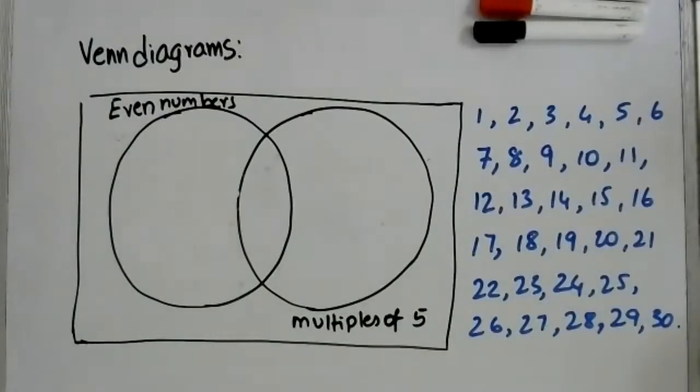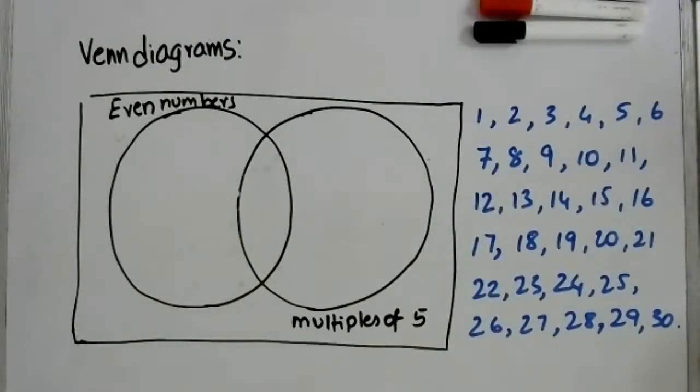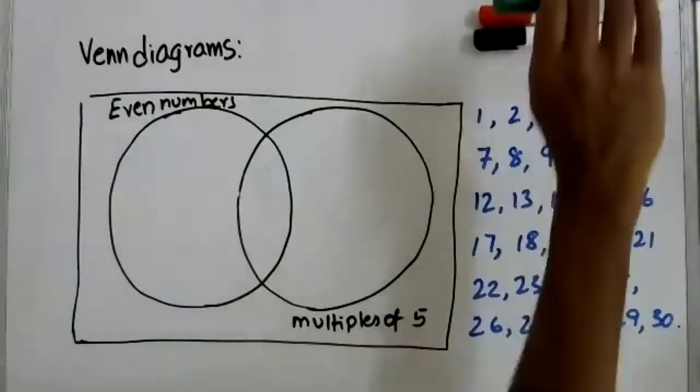So if you have a set of all numbers from 1 to 30 and I ask you to group them into these two categories, that is your first task. So you can go ahead and start grouping them.